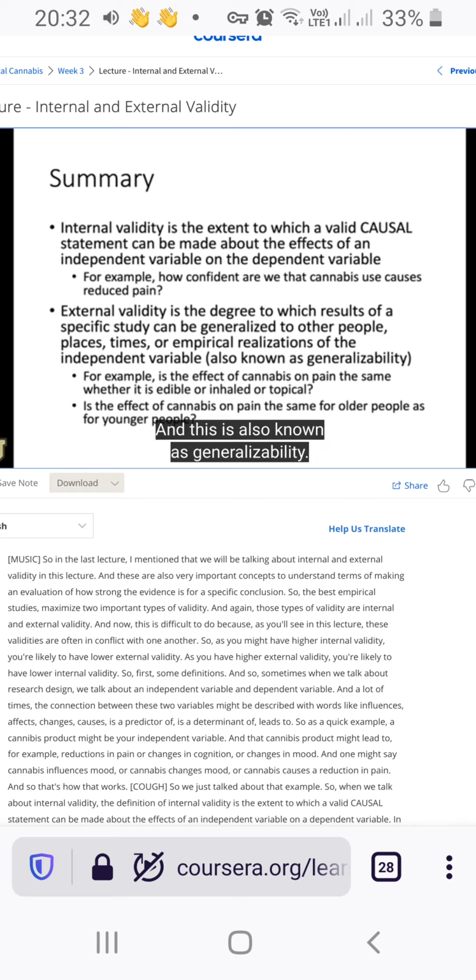And this is also known as generalizability. To what extent can we generalize the results of a study? For example, is the effect of cannabis on pain the same whether cannabis is an edible formulation, an inhaled formulation, or a topical formulation? Is the effect of cannabis on pain the same for older people as younger people? Those are examples of external validity.